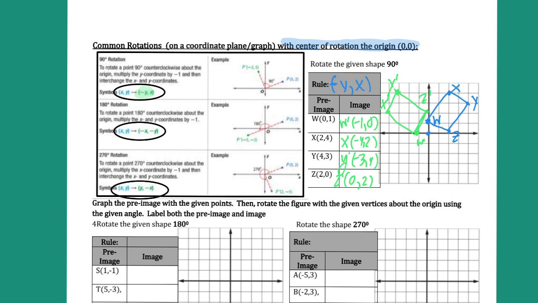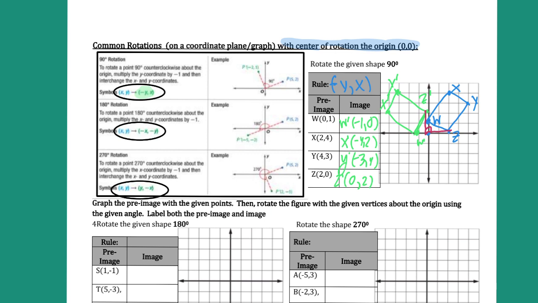And then, so if I draw a stick that goes to Z, and I draw a stick to Z prime, the angle formed there is 90 degrees, isn't it? Counterclockwise. And so that's how you can say, hey, guess what? They're congruent. I drew a stick to the common point, the pre-image and the image point, and that angle does match what they asked me to do.